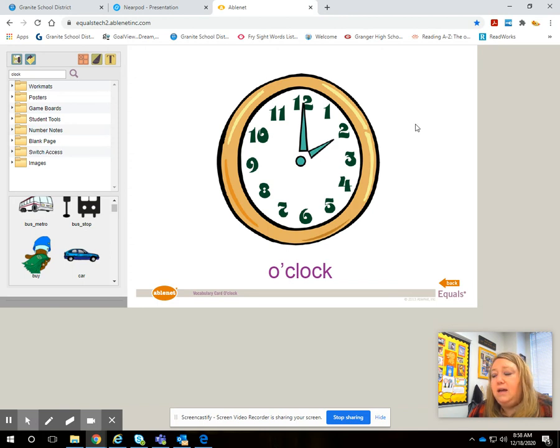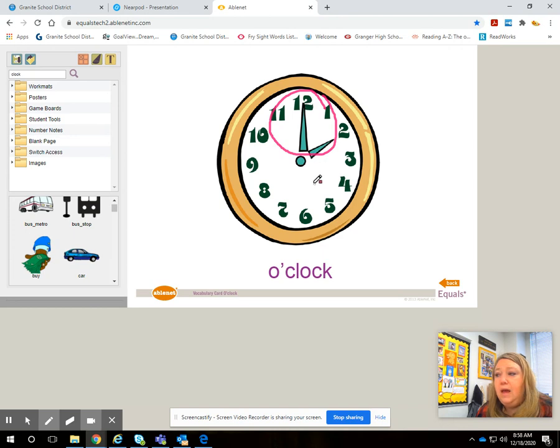And today we're going to be talking a little bit about the analog clock. An analog clock looks just like this one right here on the screen. And the vocabulary word is o'clock. What o'clock means is that this big hand right here is on the 12. That's o'clock.